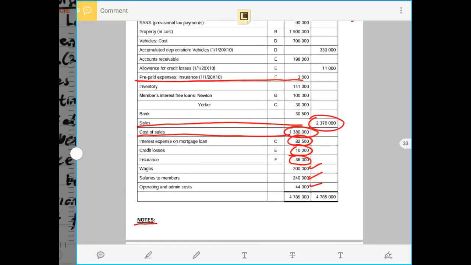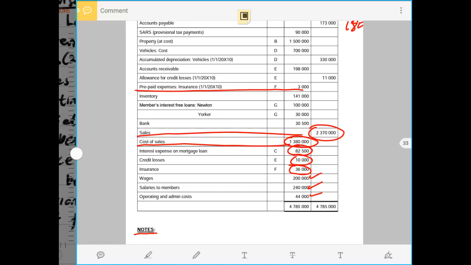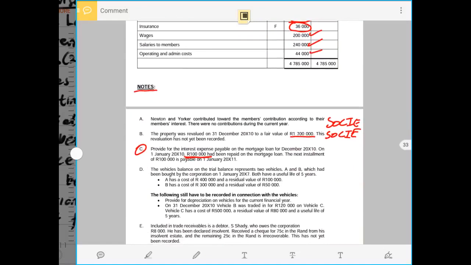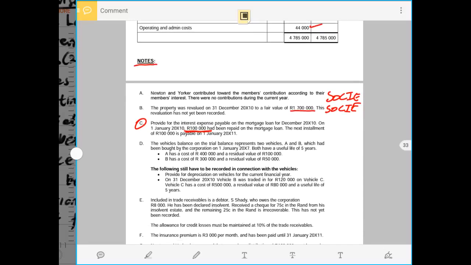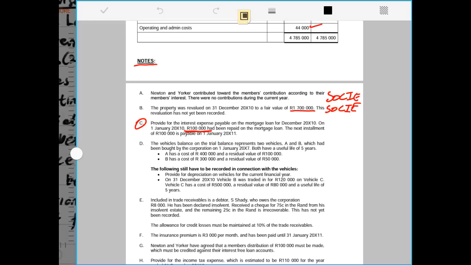Remember, there was no prepaid expense in the trial balance, so now we have accounted for that only under adjustment number C. Number D says that the vehicle's balance on the trial balance represents two vehicles, vehicle A and B. Ignore the vehicle section because you will be required to calculate the depreciation and the asset disposal, of which you will not be tested on that. So I will skip that one as I mentioned before.